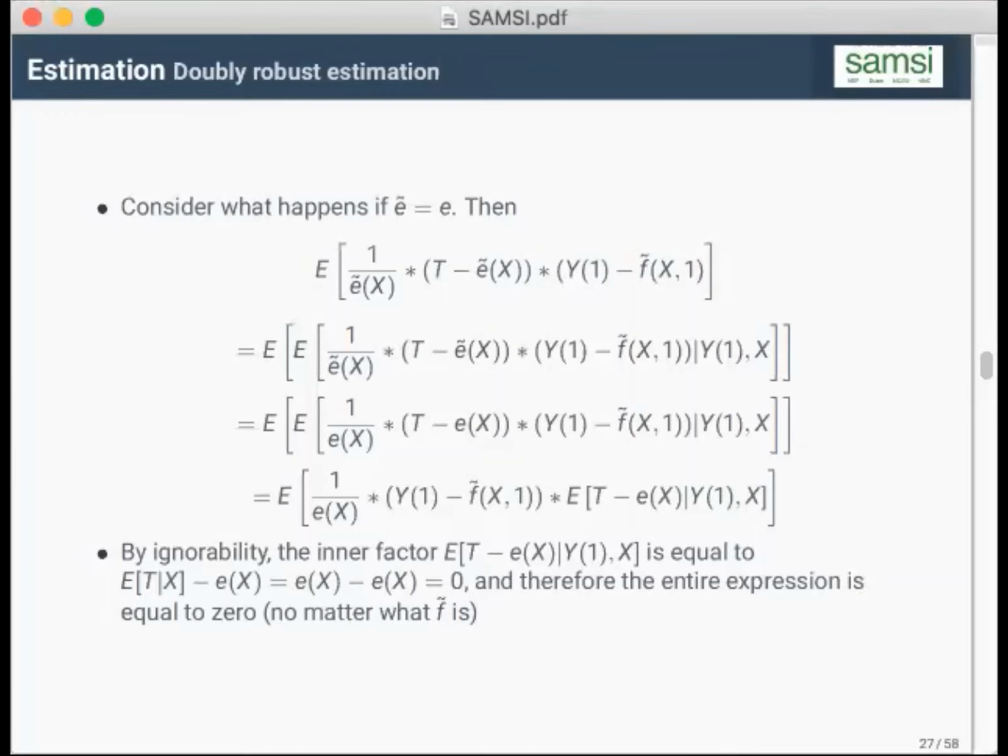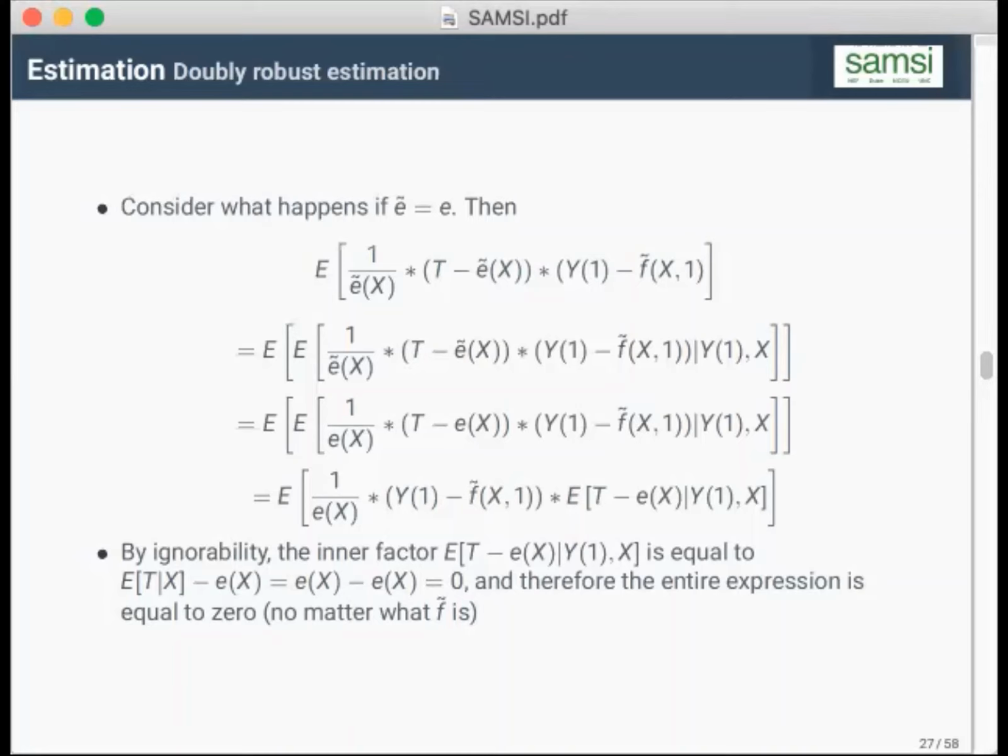So first, let's look at what happens to this error term if the propensity score model is correctly specified, which means that the probability limit of e hat, our estimated propensity score model, is the true propensity score model e, or e tilde is equal to e.